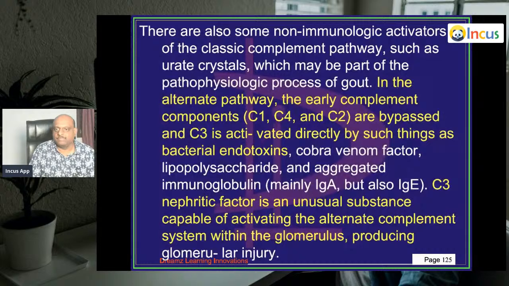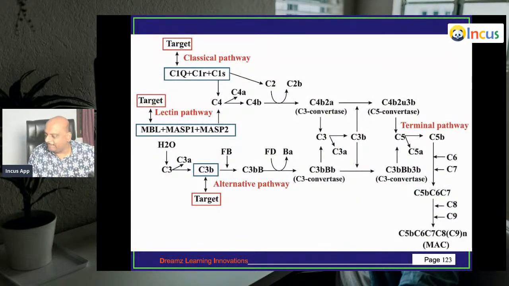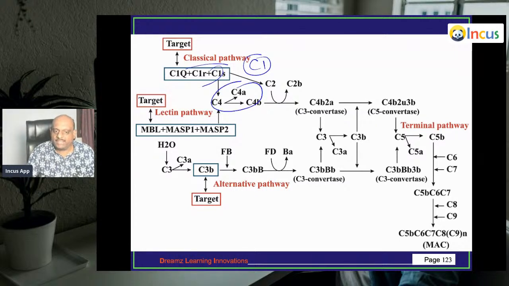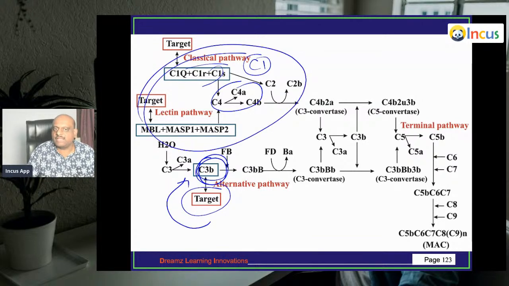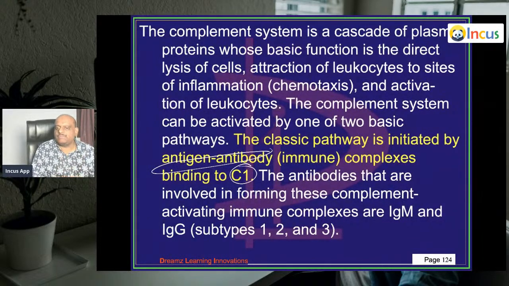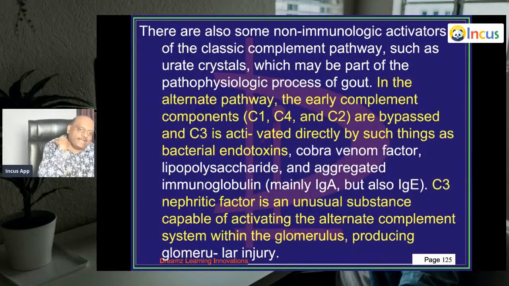The alternate pathway does not involve any of these early components of the complement pathway. It does not involve C1 or any of the early components. It directly attacks C3.